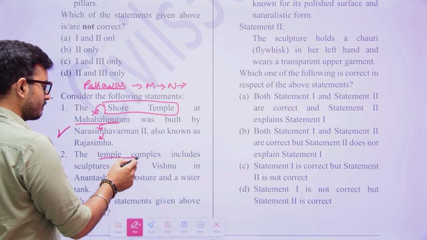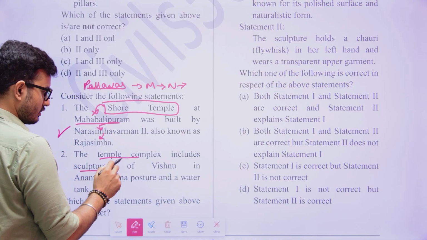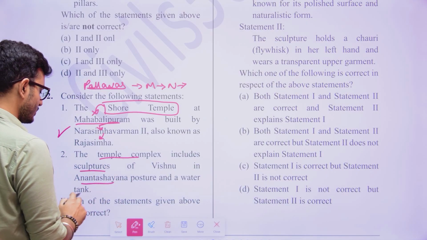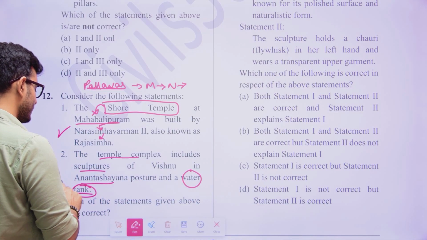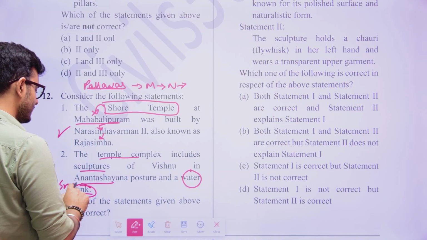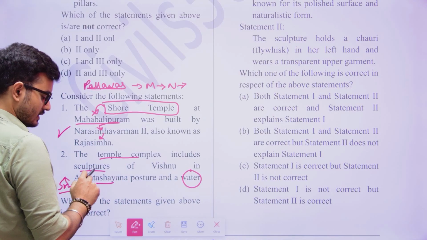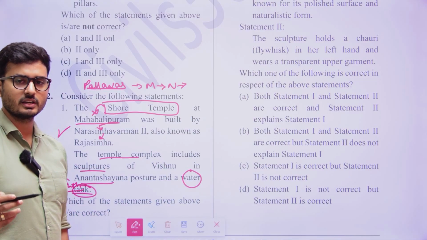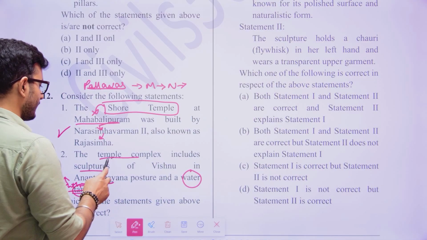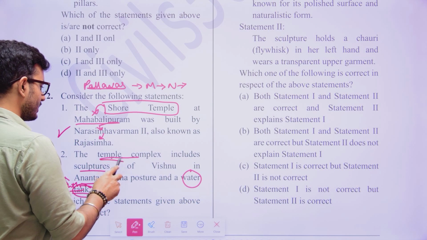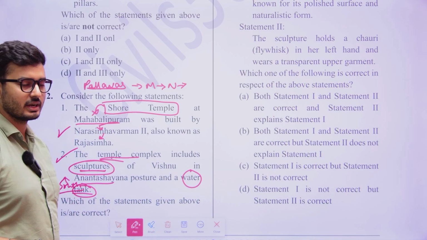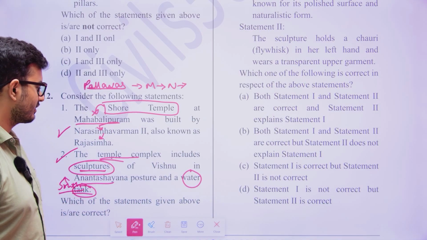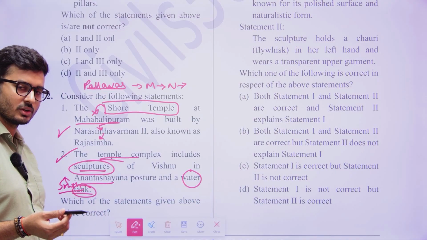And the temple complex includes sculptures of Vishnu in Anantasayana posture and a water tank. Now we know the water tank would be there. Why? Because the South Indian temples were constructed in the Dravida style of architecture. It would have sculptures of Vishnu, so automatically this becomes correct. Obviously it would have at least one sculpture of Lord Vishnu, right?